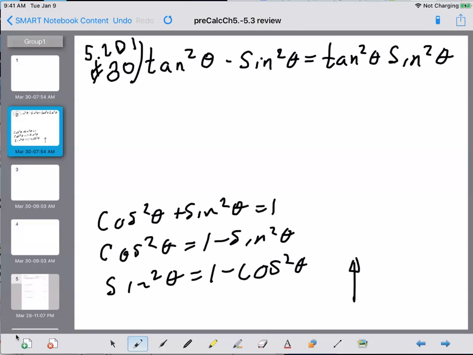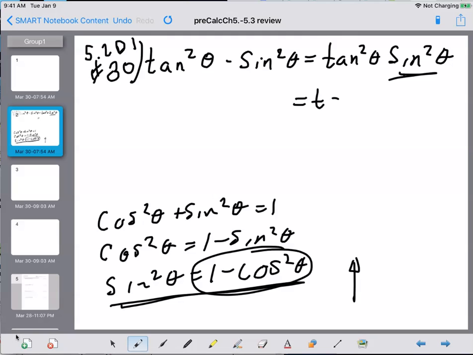Okay, now I have a choice here to make this happen. But I'm going to substitute right here for sine squared theta, this value. So I have this, and I have tangent squared theta times the quantity 1 minus cosine squared theta.